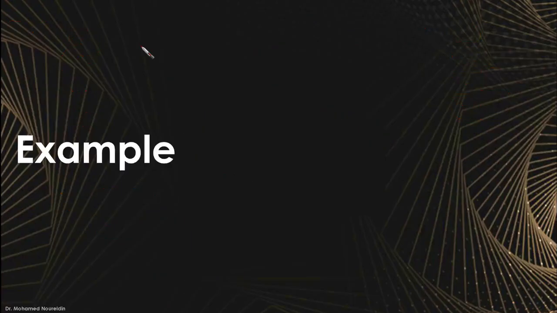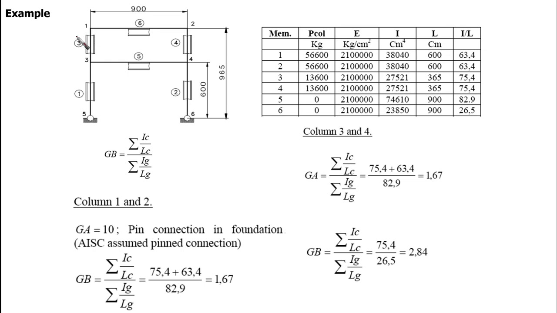Let's erase everything here. So we have column 3 and column 4. Also, the top is girder 6, and the bottom is going to be girder 5 for both of them, and the vertical elements are going to be the column itself, column 4 and column 2 here, and column 3 and column 1 here. So we can calculate it also under one title. They are going to be the same, columns 3 and 4.